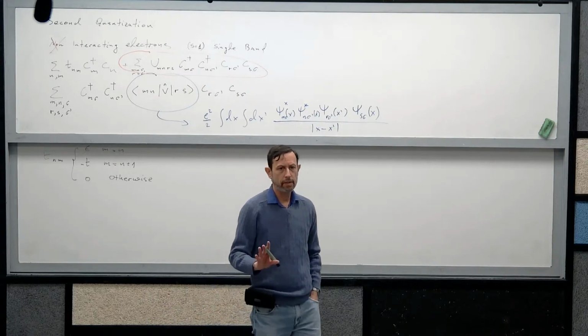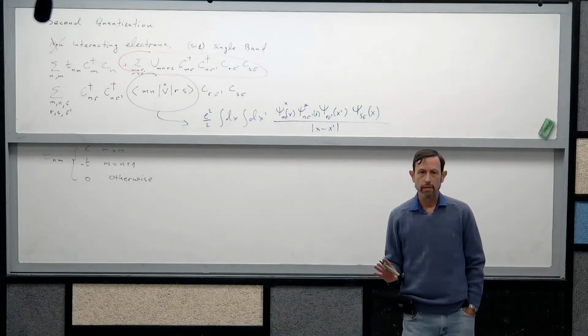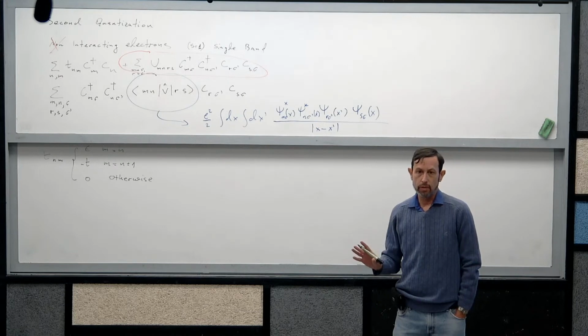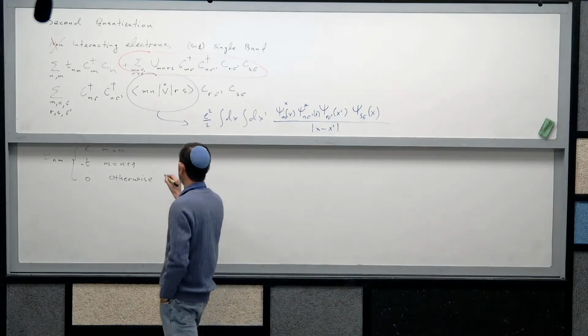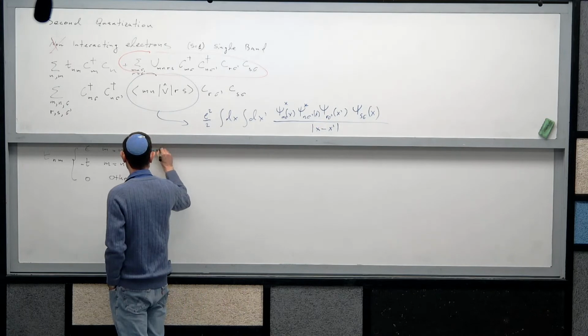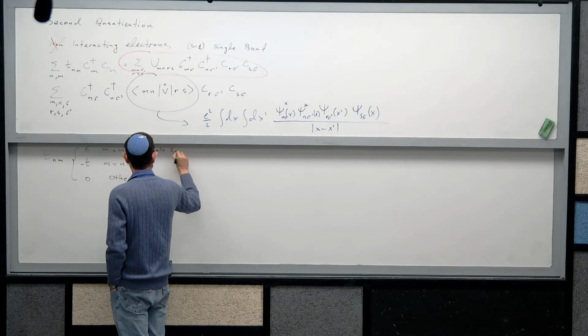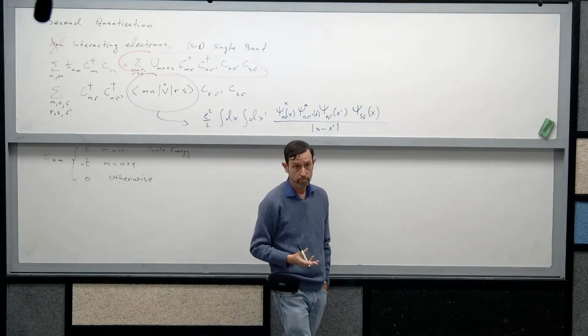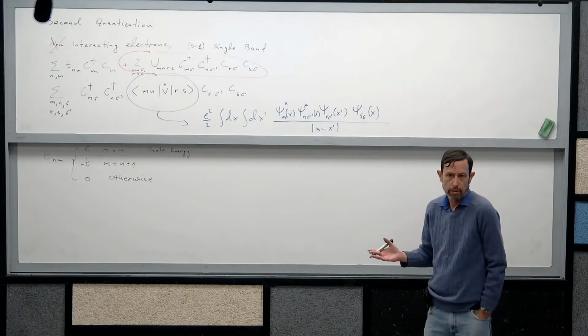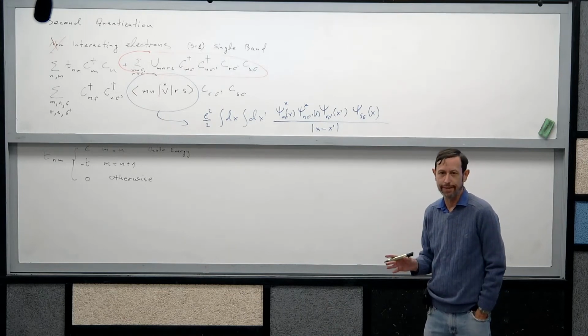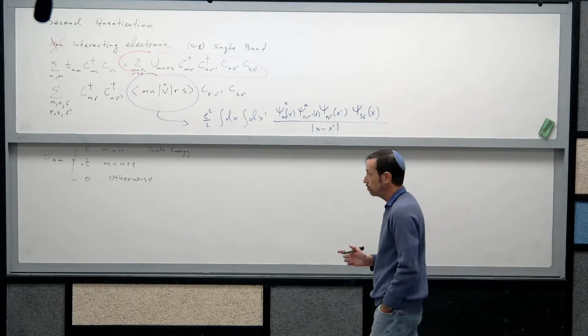The simplest assumptions that I can make: if n and m are equal, I have what's called on-site energy. A lot of times people just set it to 0, but it doesn't complicate life, so I'll leave it in the meantime.